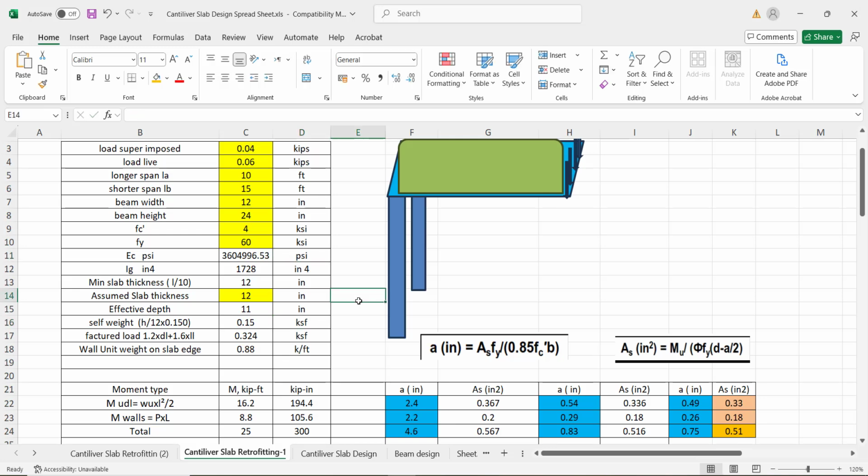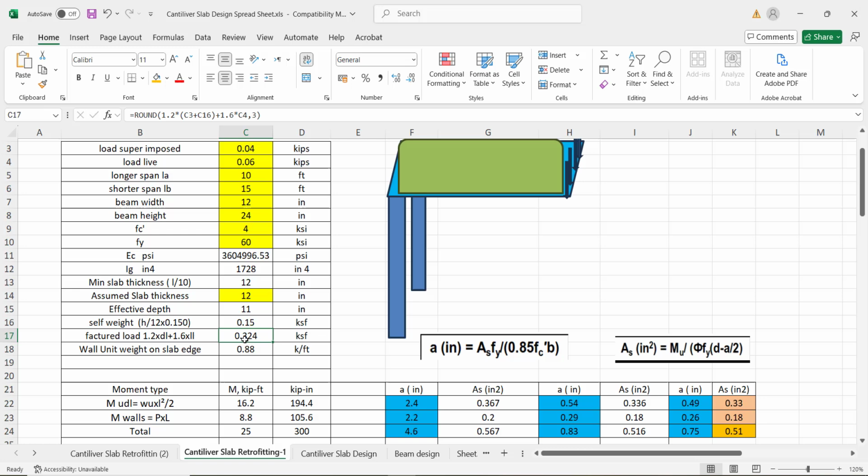Okay, now the self weight of the concrete is calculated like this: 12 by 12 into 150, this is 0.15 kips per cubic feet, 150 pounds per cubic feet. The factored load is 1.2 into dead load plus 1.6 into live load.